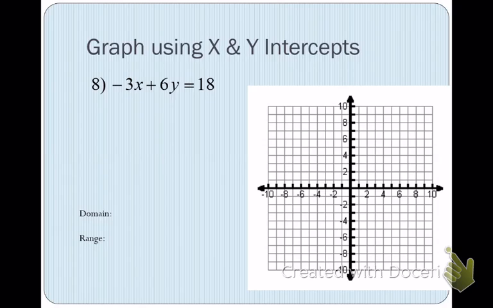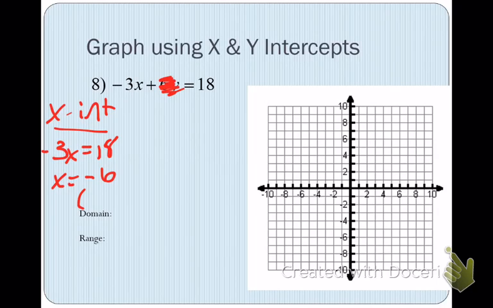For this next guy, if I'm going to find the x-intercept, I'm going to cover up the y part. And so I'm left with the equation that looks like -3x equals 18. Divide both sides by -3, and x is -6. And so my x-intercept is going to be (-6, 0).